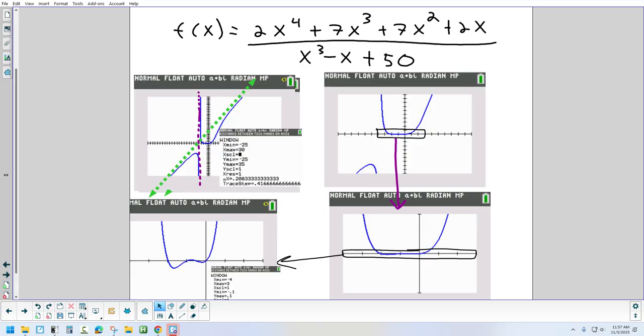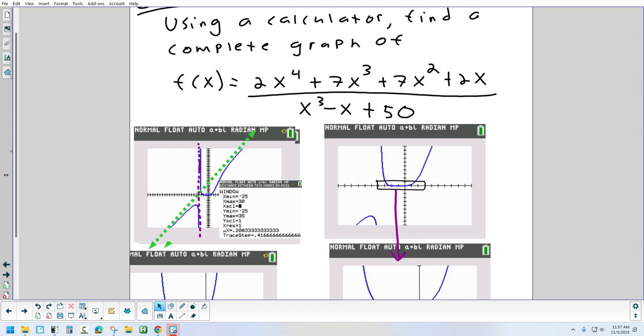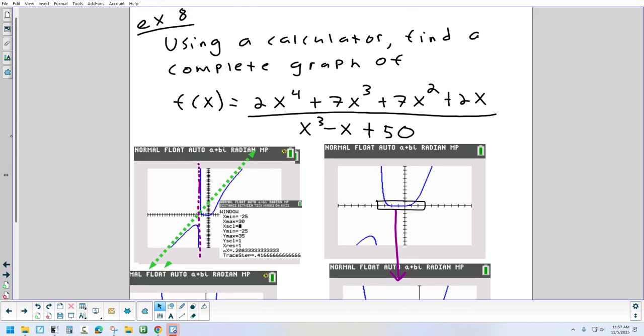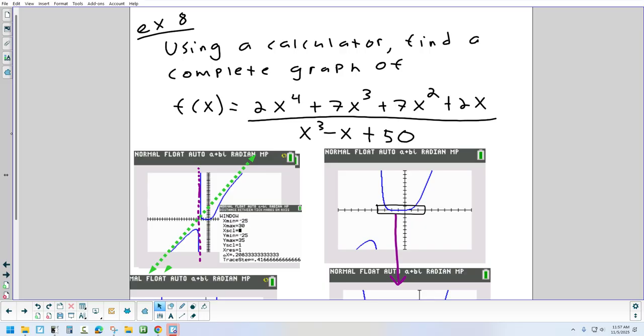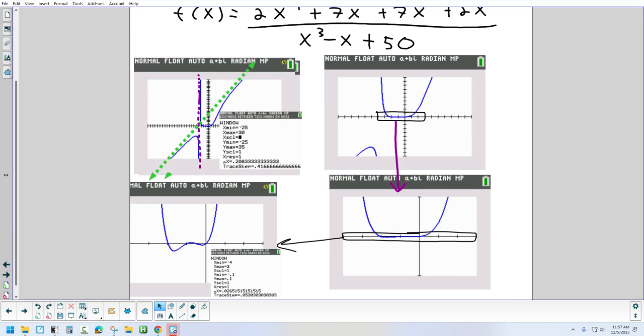But whenever something looks extremely flat, if somebody said, how many times does it cross the x-axis, I can't tell from that. If they didn't ask me about x-intercepts or a complete graph, then I would say no, you wouldn't need to zoom in there. But I did want a complete graph. So that means you've got to show everything that's important. And these are important. Don't make them feel left out.